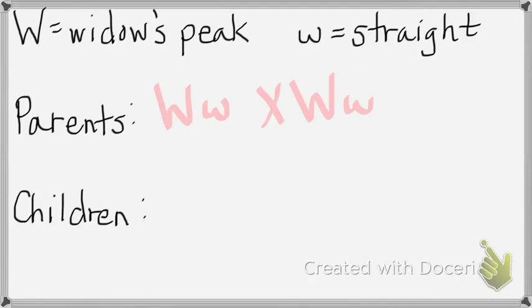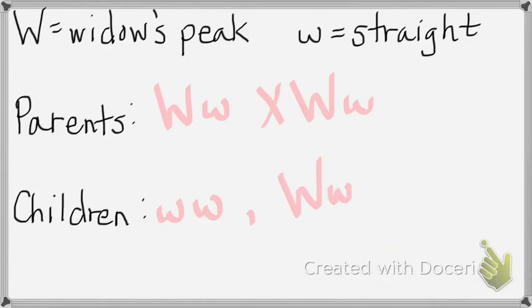Now, how did Victoria know that the parents both had to be heterozygous? Because one of their children had a straight hairline. Okay, good. All right, now on the children. Let's do the straight hairline first. He's the easy kid. What would be his genotype? Yeah, the little w, little w. But what about those other 2 kids that had the widow's peak?